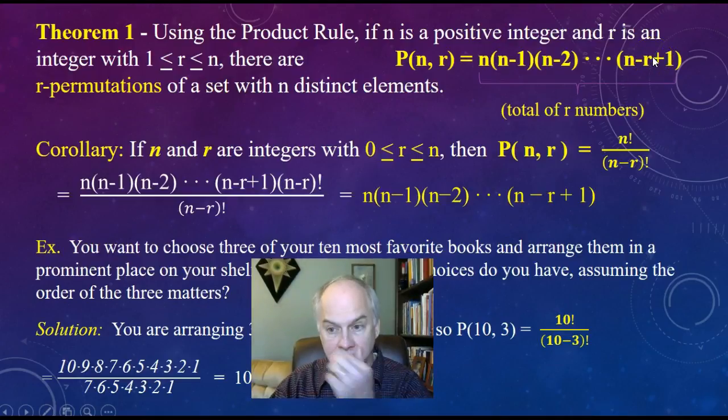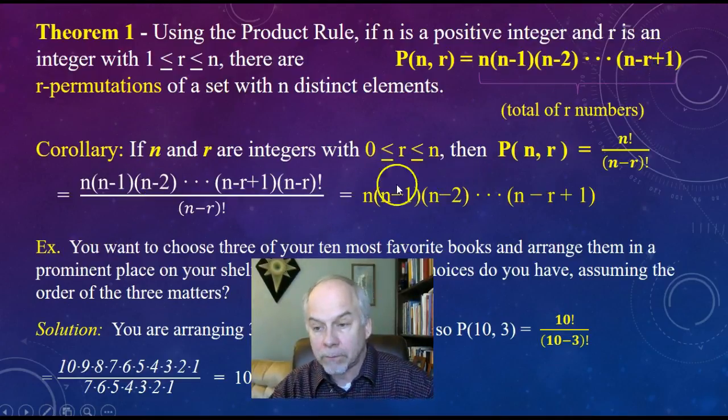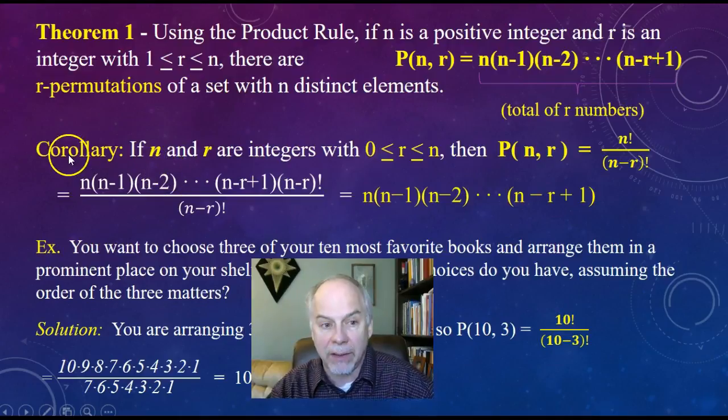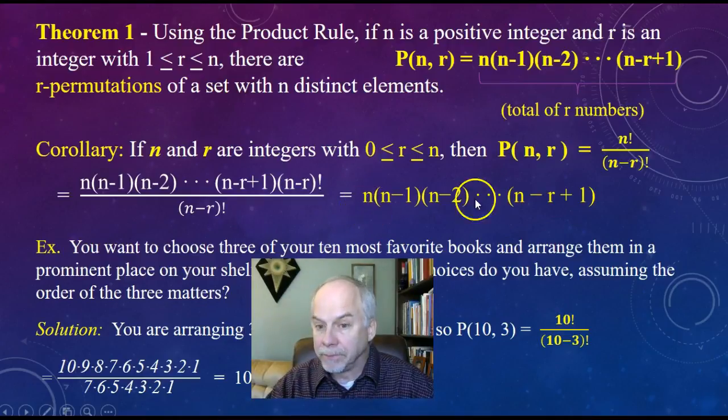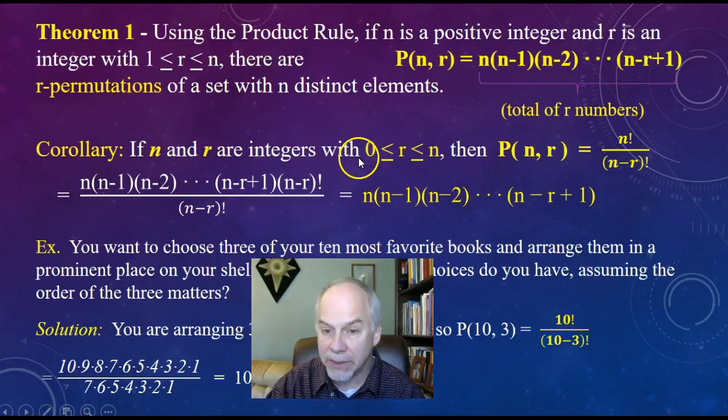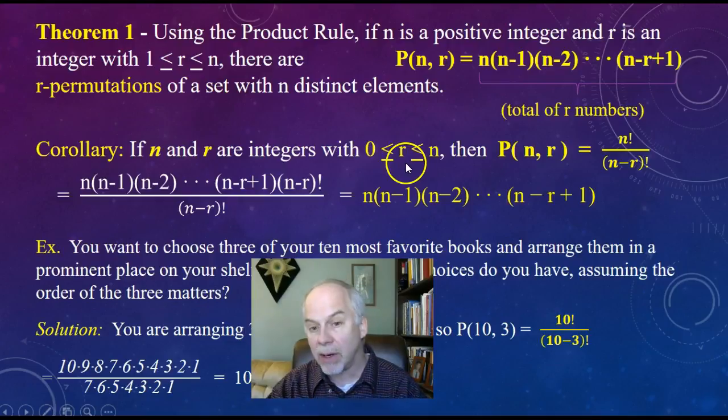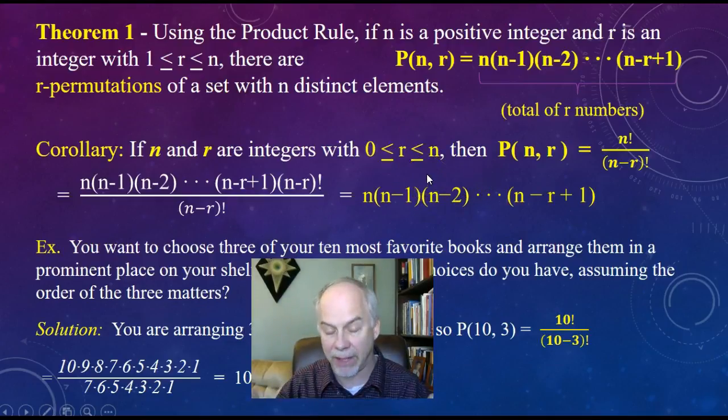All right. Now, another way to calculate it is using this corollary here. And it says if N and R are integers with R between 0 and N, so you could have R being 0, so you're taking 0 things.